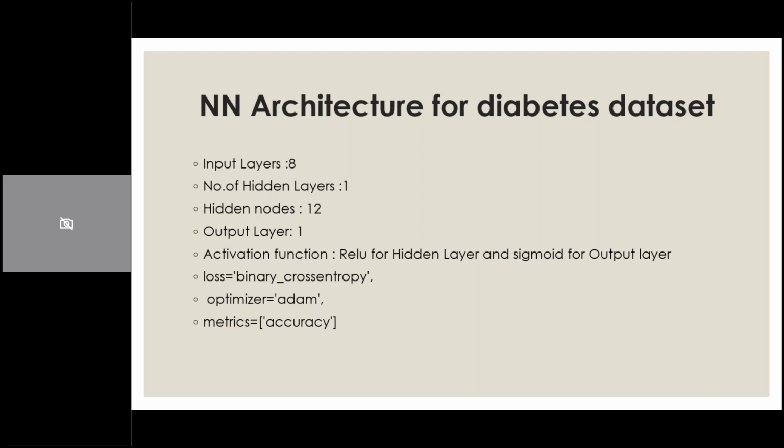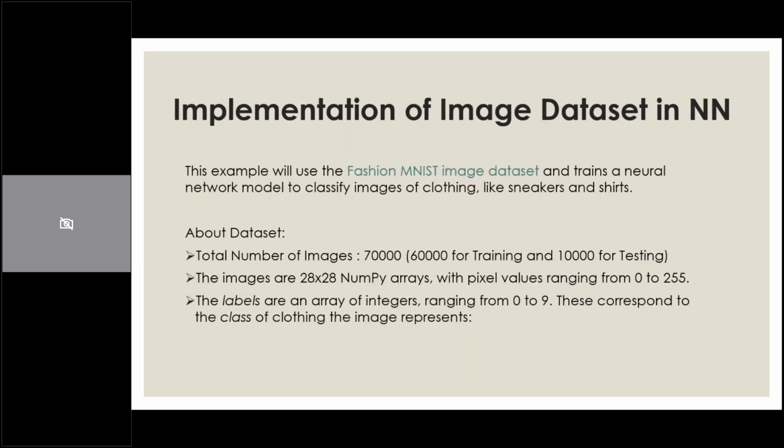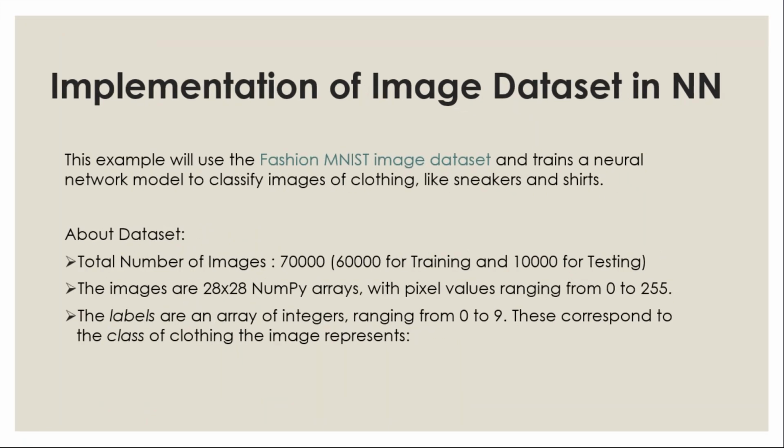Now in today's session, you are going to implement a neural network for an image data set. What is the difference between these two data sets? Last day's session, we handled only categorical, ordinal or numerical variables. But today you will discuss how to handle images in a neural network, because it is an entirely different concept.